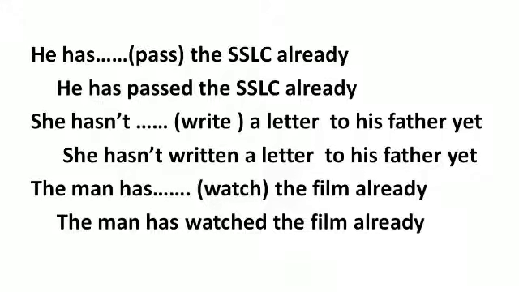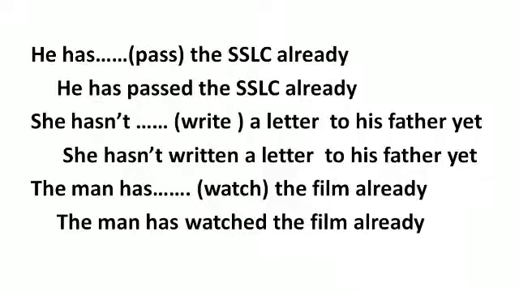This sentence is a negative sentence because has plus not, hasn't, has been used there. Then the man has dash watched the film already. Look at this sentence. The man is a third person singular subject, so we have used has here. Plus watch, watched. So the man has watched the film already.